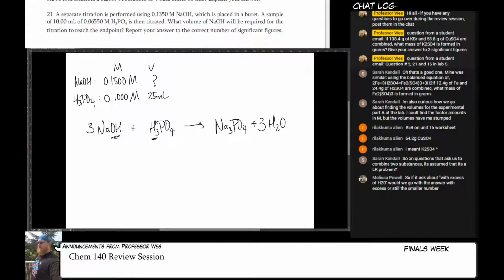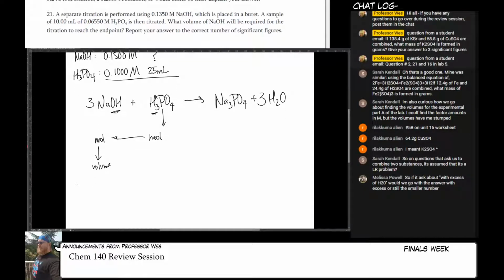All right, so if I know the number of moles of this, then I can turn this into moles, and then I can turn this into a volume, right? So how do I get the number of moles of phosphoric acid? Well, I just multiply these two things together.